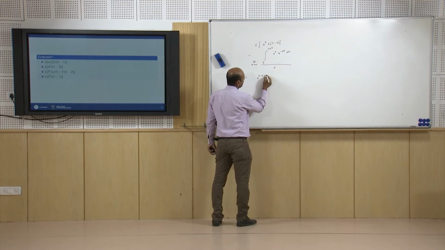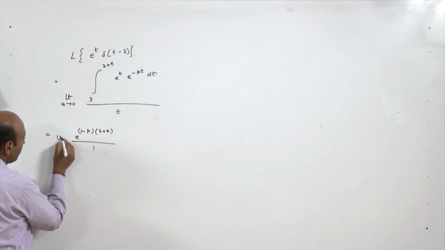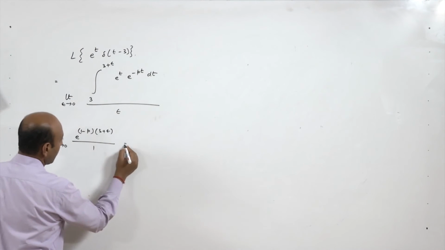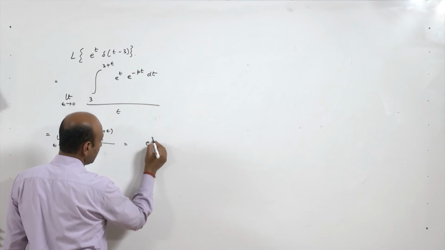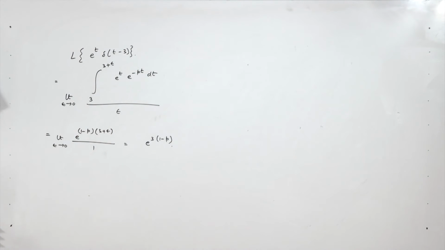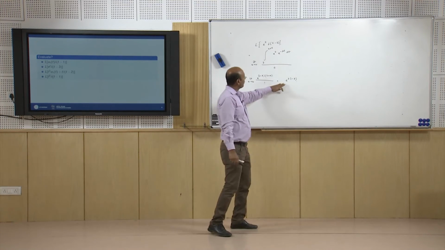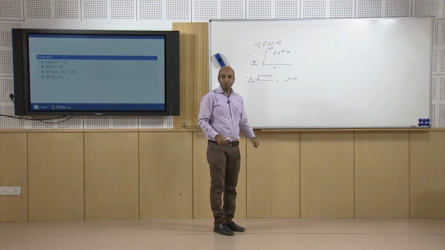It is e power (1 minus p) into (3 plus epsilon) upon 1, limit epsilon tends to 0, and it is nothing but e power 3 into (1 minus p). Is it so? So, this is the final expression which we can obtain by applying L'Hospital's rule.